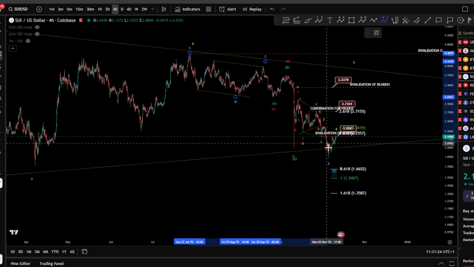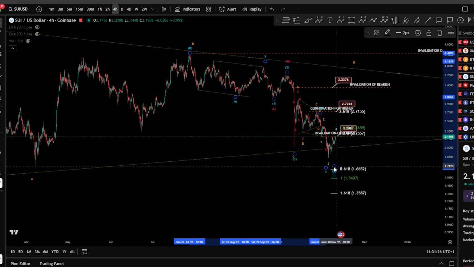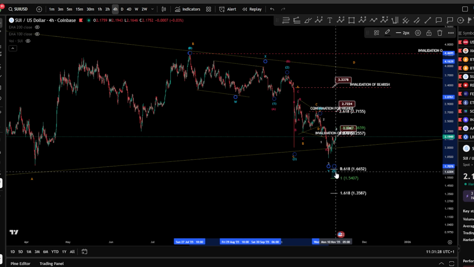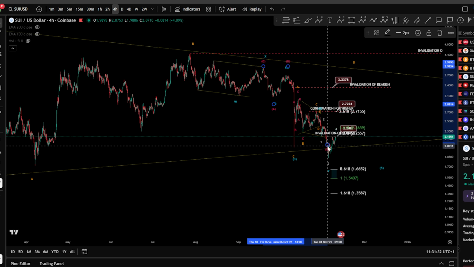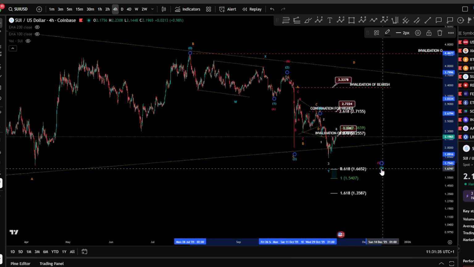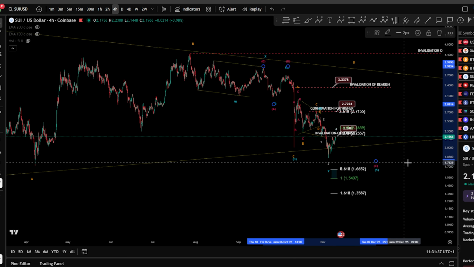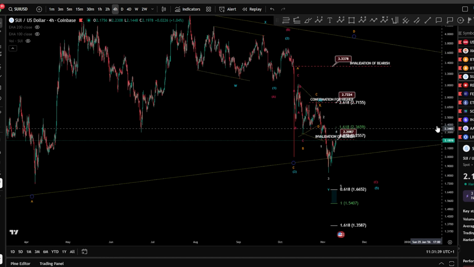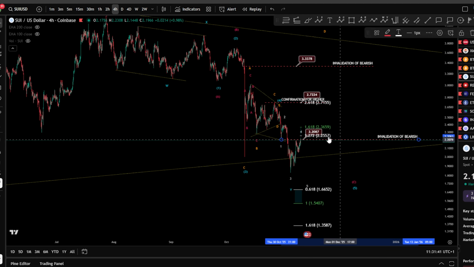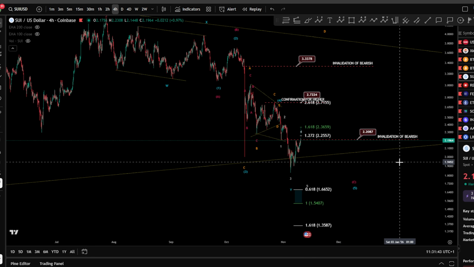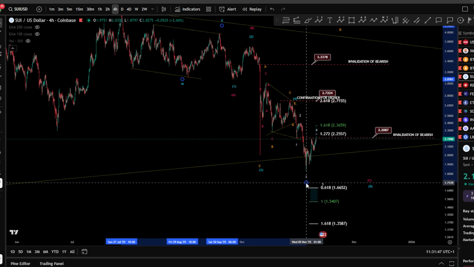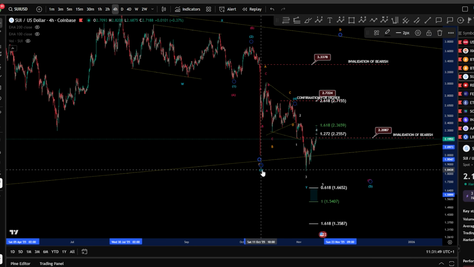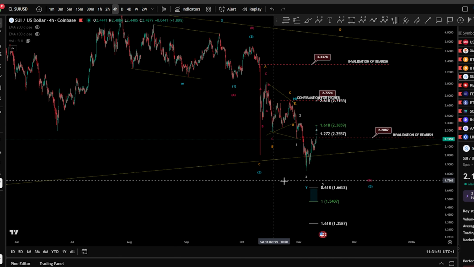You have an X and you have kind of a wave Y over there, finished without the wave 5 for a wave C. And that means the ABC that we're still looking for still needs a wave 5 in the case that we're still looking for lower, but of course the invalidation has been taken. And that means something else is starting to unfold here new for SUI, and we might start to see something moving for higher prices.